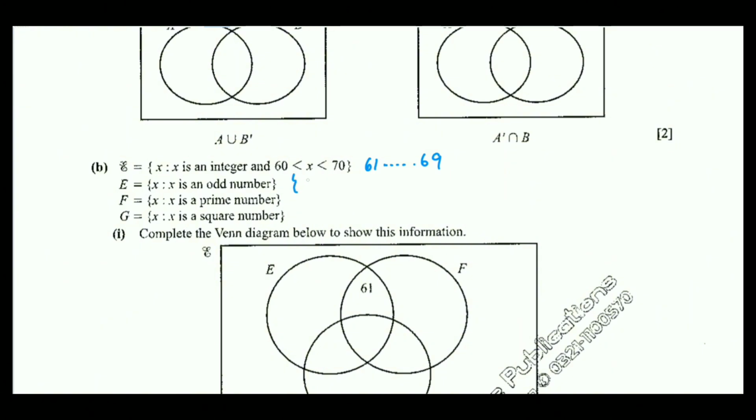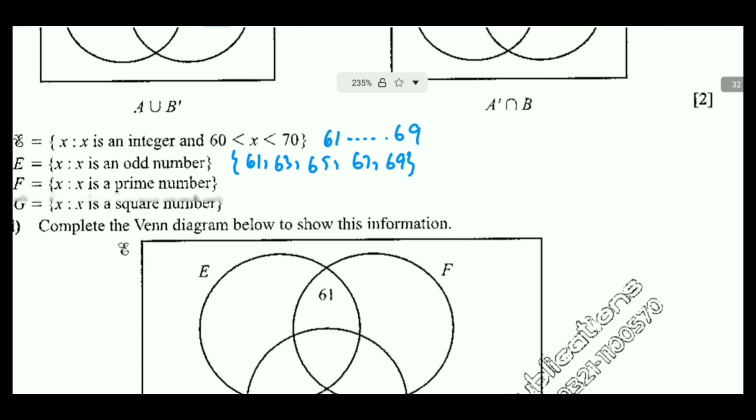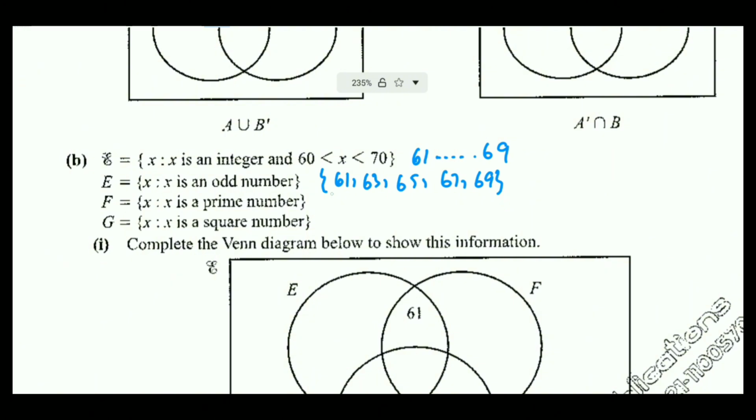Odd numbers between these numbers are 61, 63, 65, 67, 69. F means prime numbers from the universal set. Prime numbers are 61, 67. G means square numbers. The only square number from the universal set is 64.